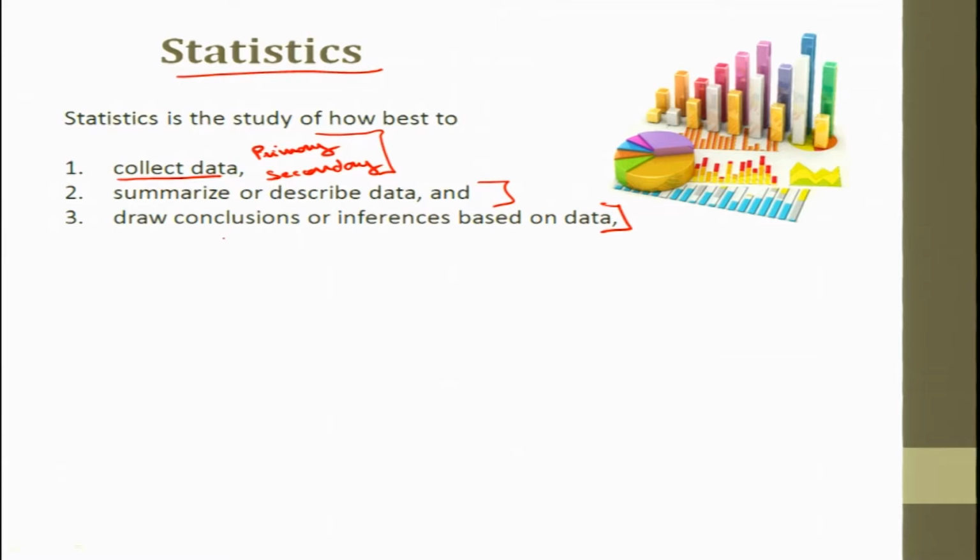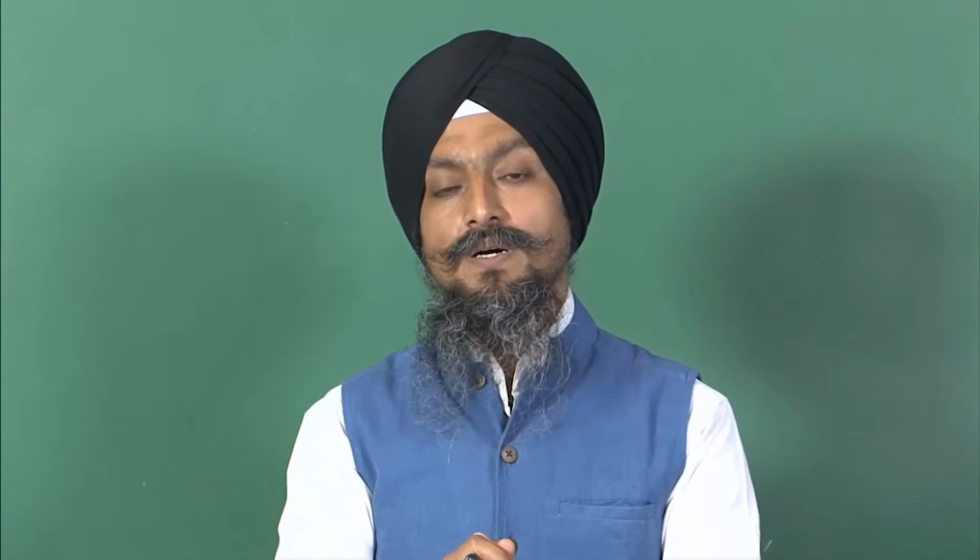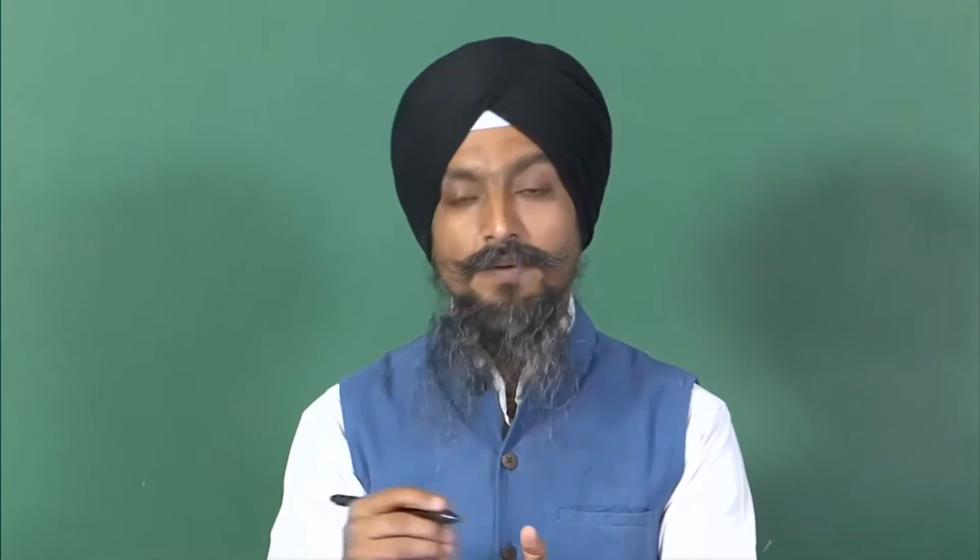So the next step is to summarize or describe the data. To summarize and describe the data, we have collected many observations. We have seen that the error that is obtained might be linear, might be quadratic, various kinds of error forms where error curves might be there.